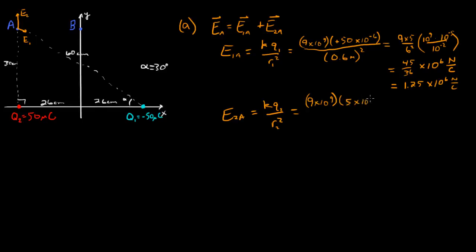And now we've got 0.3 meters squared down here. The only difference is instead of having a 6 squared down here, we've got a 3 squared now. So this is 45 over 9 times 10 to the 6th newtons per coulomb. This is just 5 times 9 and this is 1 times 9. So that is 5 times 10 to the 6th.